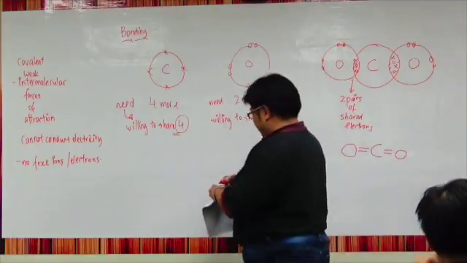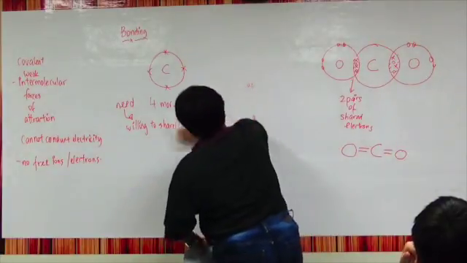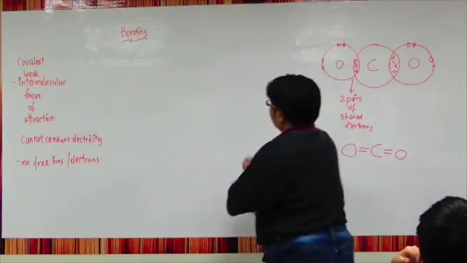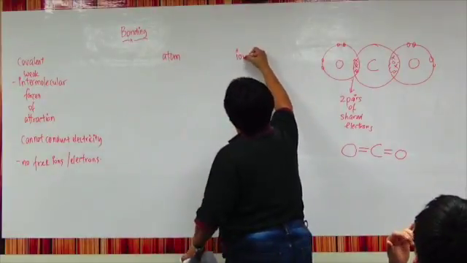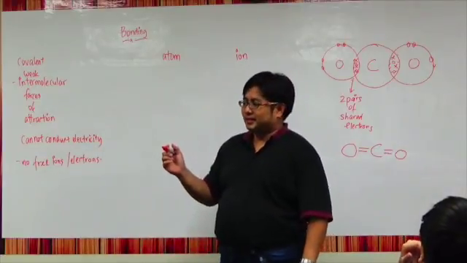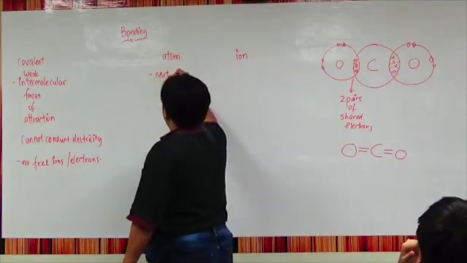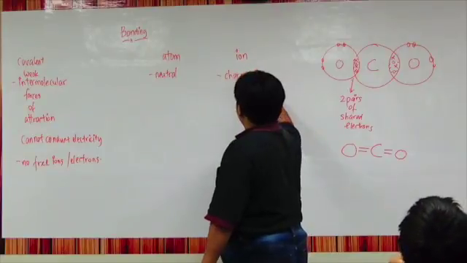Okay, so some of the concepts are good to revise one more time before your test. Okay, what's the difference between atoms and ions? Yes, Nathan. Atom is electrically neutral, but ion has an electrical charge of either positive or negative. Correct, so it has charge.